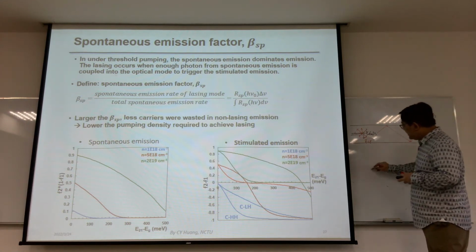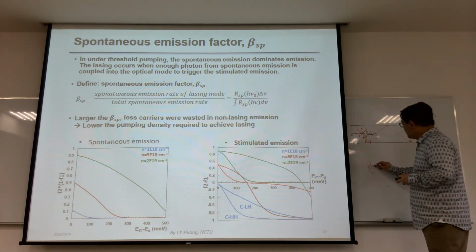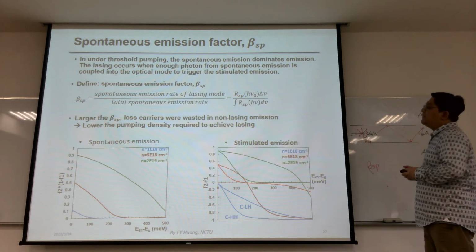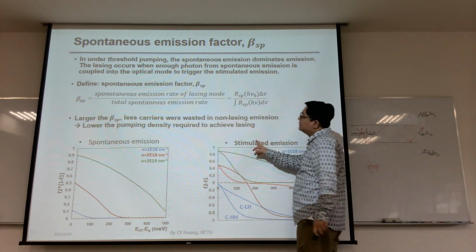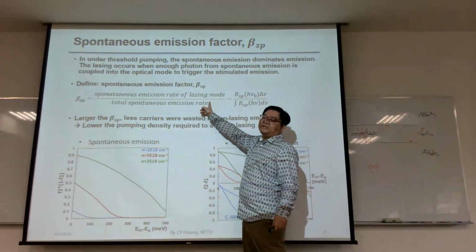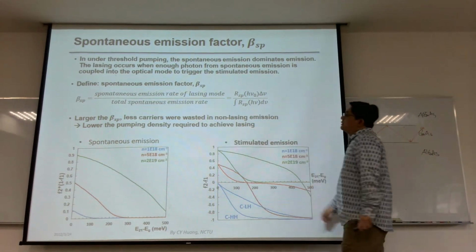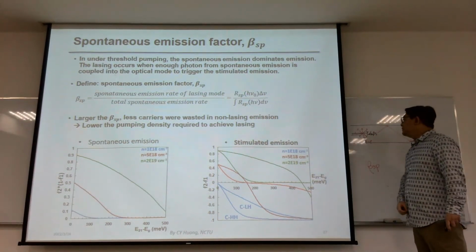So beta_SP can be defined. First, the denominator is the total spontaneous emission rate.